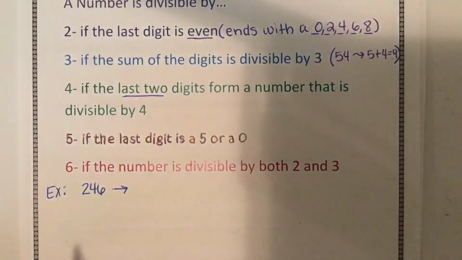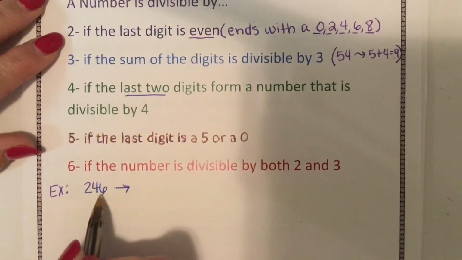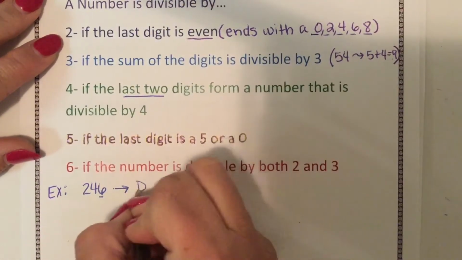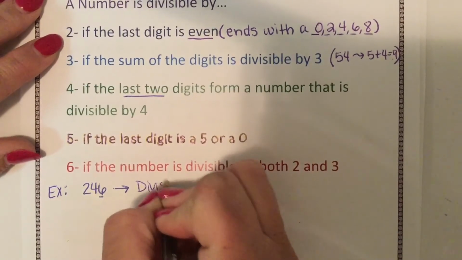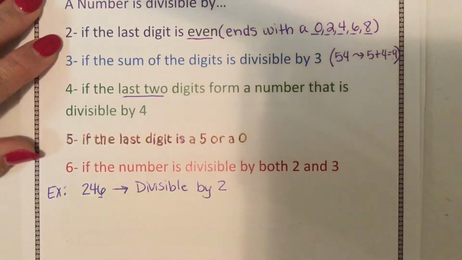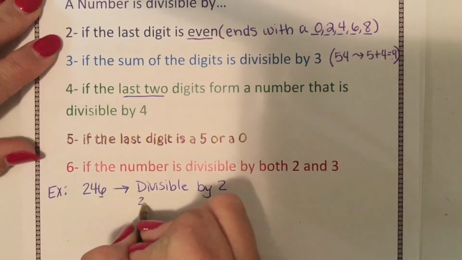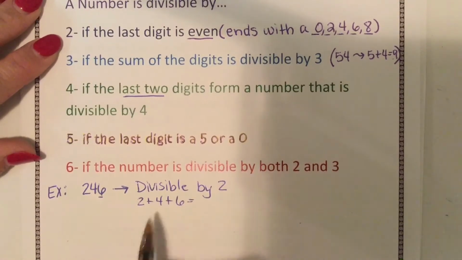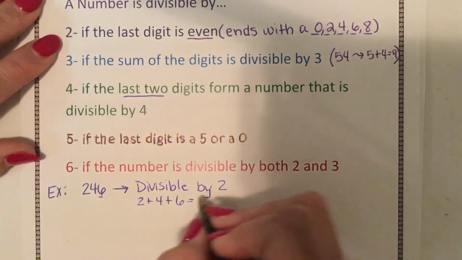Okay, so the first one is 246. Well, I know it ends in an even number, which is 6, so I know it's going to be divisible by 2. If I take the numbers 2, 4, and 6 and add them together, 2 plus 4 is 6, plus 6 is 12.